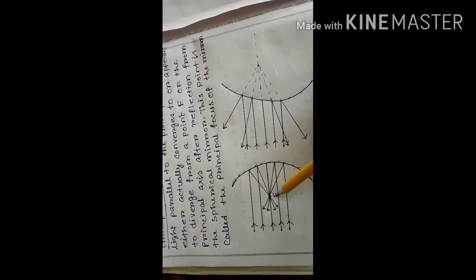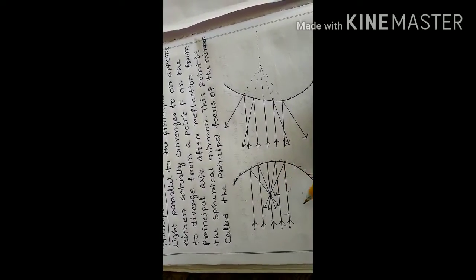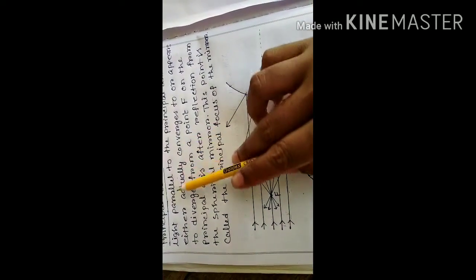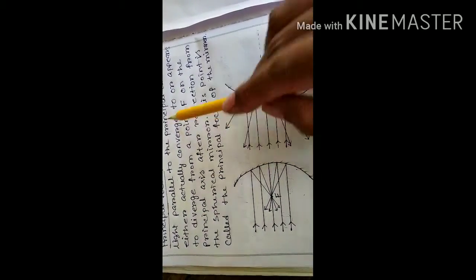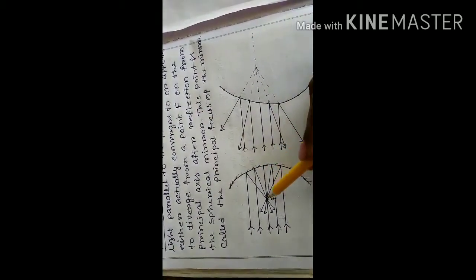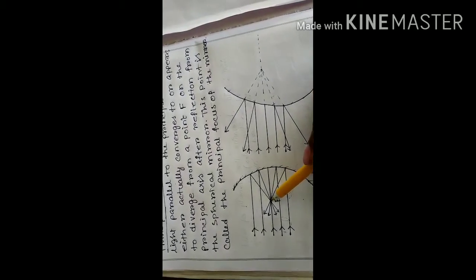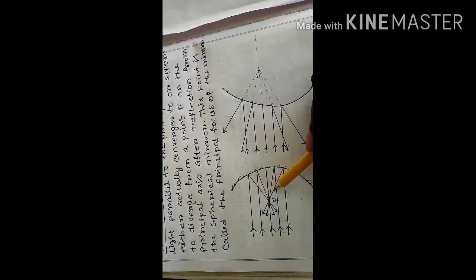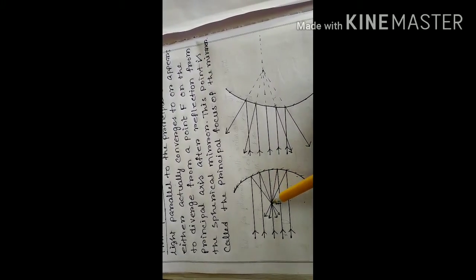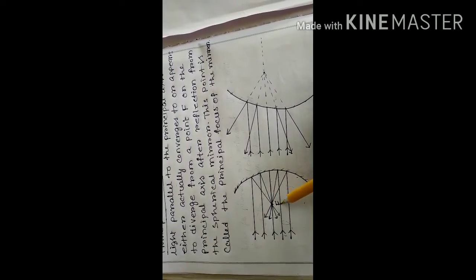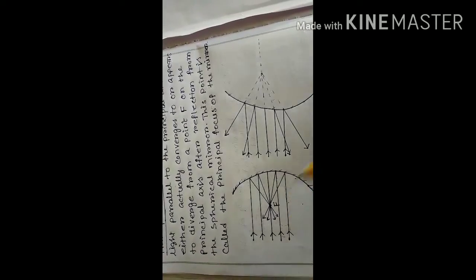This point's name is principal focus. These rays converge at this point. Converge means all the reflected rays are concentrated or meet at a point.